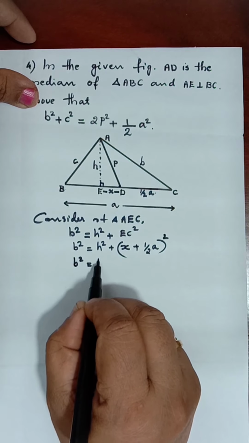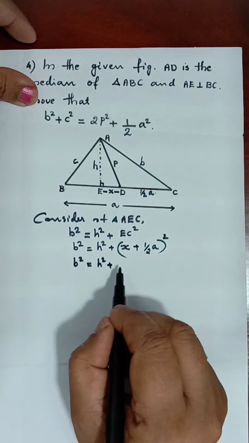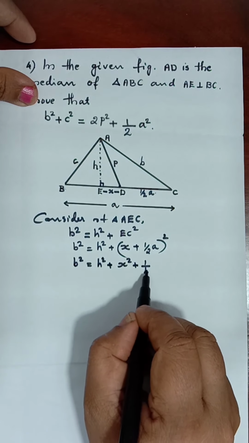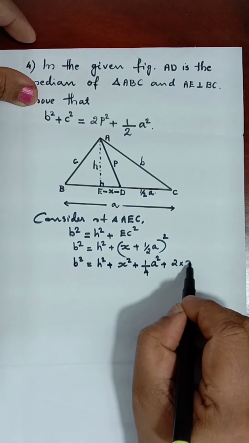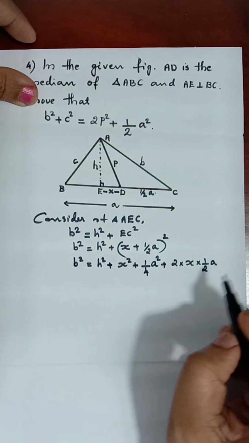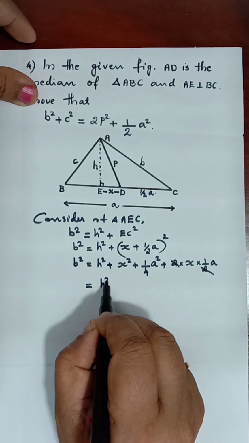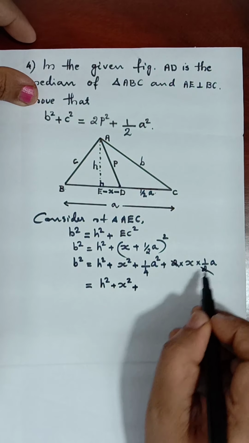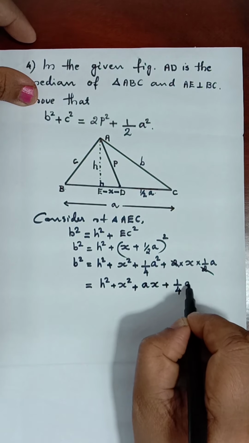B square is equal to H square plus, open the bracket, using A plus B whole square, we have X square plus half A whole square will become 1 by 4 A square plus 2 into X into half A. It is like 2 into A into B. We can cancel like this. We are getting it as H square plus X square plus AX plus 1 by 4 A square.